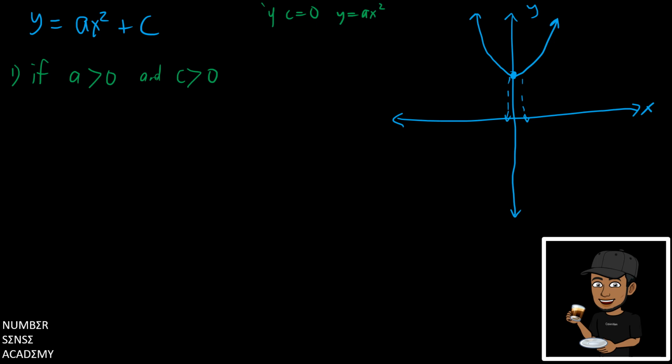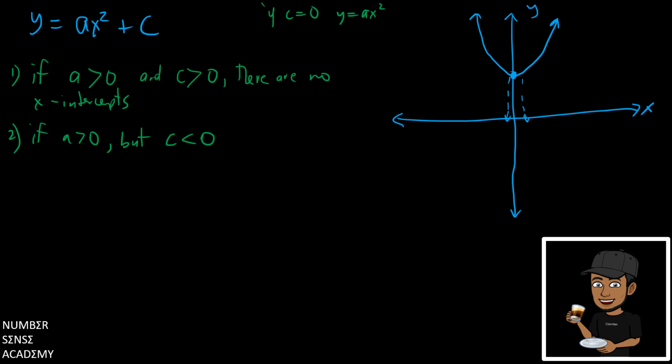If a is greater than 0 and c is greater than 0, there are no x-intercepts at all. Now, what if a is greater than 0, but c is less than 0? a is greater than 0 just means that it opens upward.